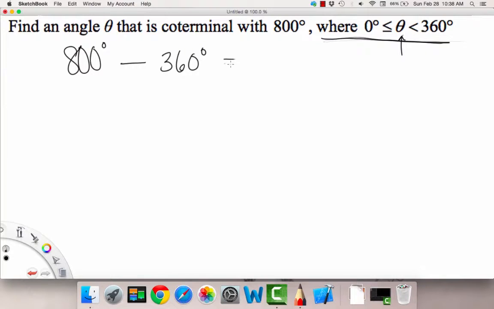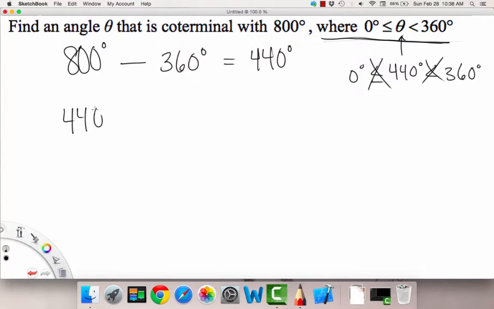If we subtract that, we get 440 degrees. That isn't quite within our range. 440 is not in between 0 degrees and 360 degrees, so it's not in there just yet.